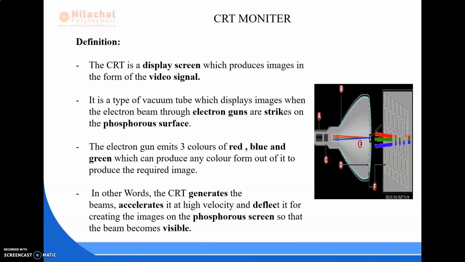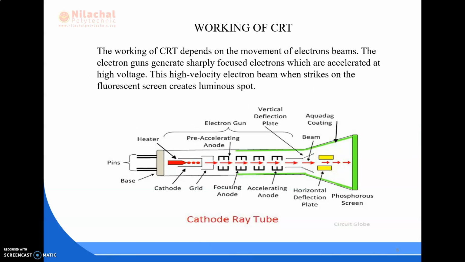The electron gun emits three colors, red, blue and green, which can produce any color to form the required image. In other words, the CRT generates the beam, accelerates it at a very high speed and deflects it for creating an image on the phosphorus screen so that the image becomes visible.